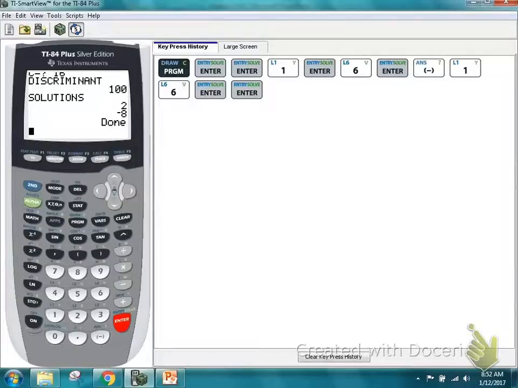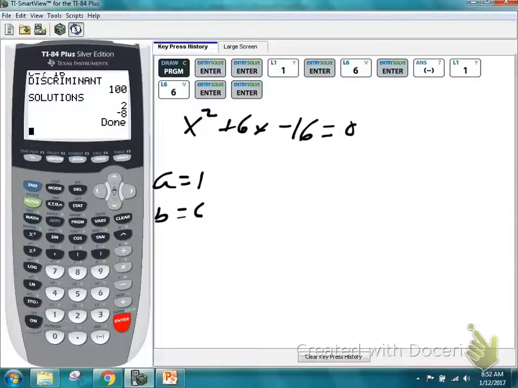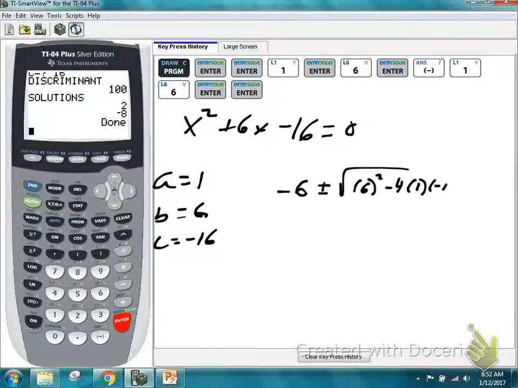Here's what I want to see. If I gave you x squared plus 6x minus 16 equals 0, and we have a equals 1, b equals 6, c equals negative 16, I still want to see you plugging in negative 6 plus or minus the square root of 6 squared minus 4 times 1 times negative 16, all over 2 times 1.